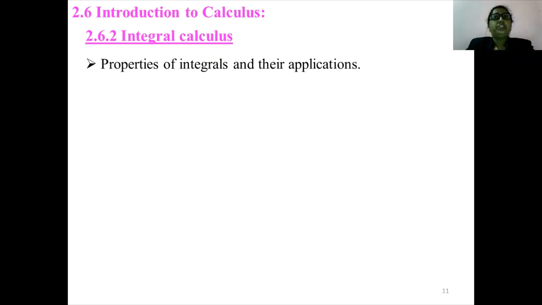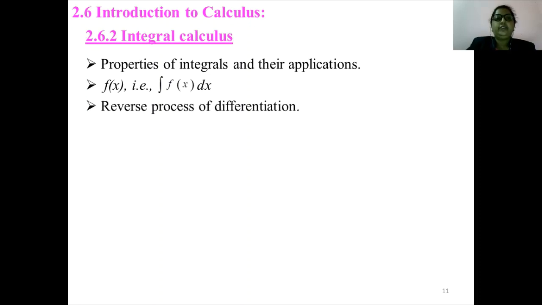So physically, the integral of a function f(x), that is f(x) into dx, is the area under the curve f(x) versus x. It is the reverse process of differentiation.